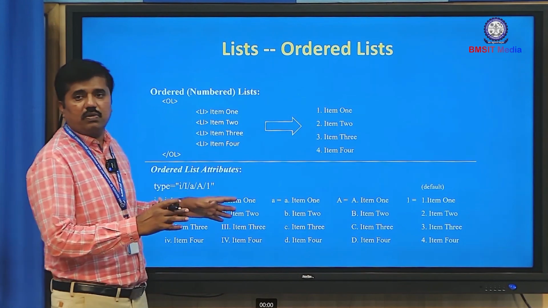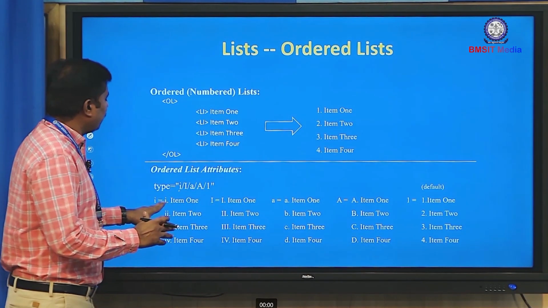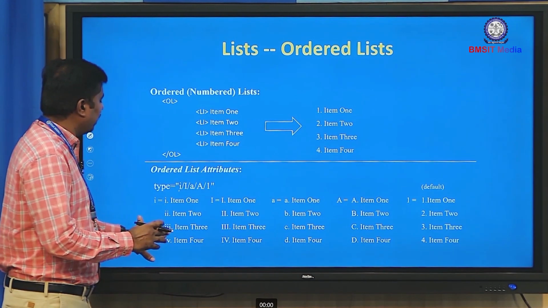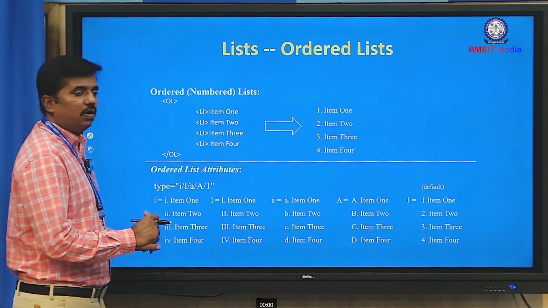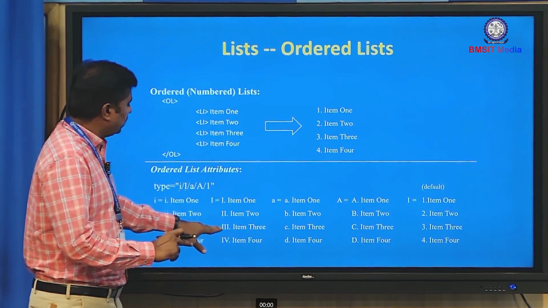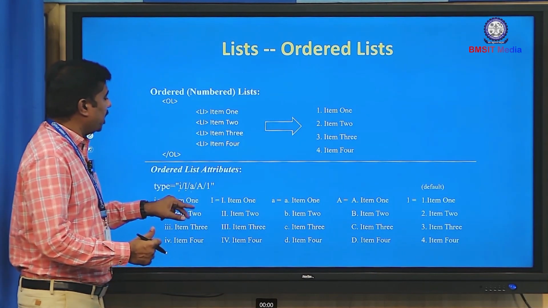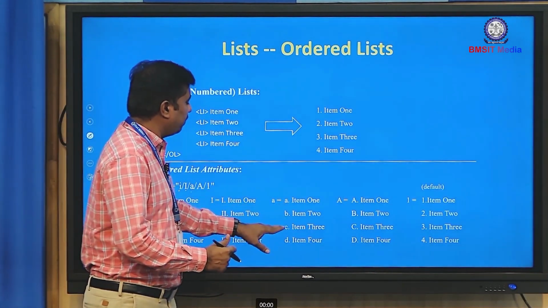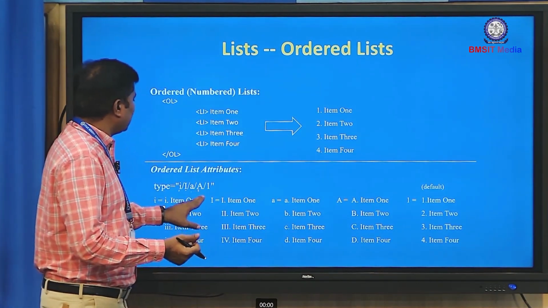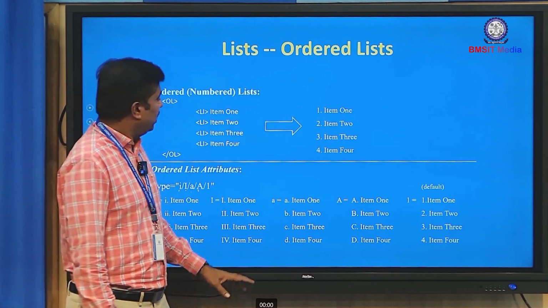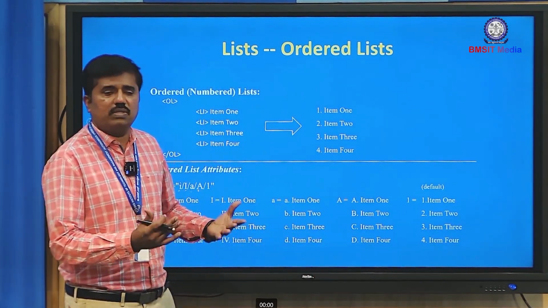The first way is Roman small i, so you get i, ii, iii, iv. Capital Roman gives capital I, II, III, IV. Similarly, lowercase a displays small a, b, c, d. Second, you could list it using capital A, B, C, D. These are the attributes, the features, you could change.